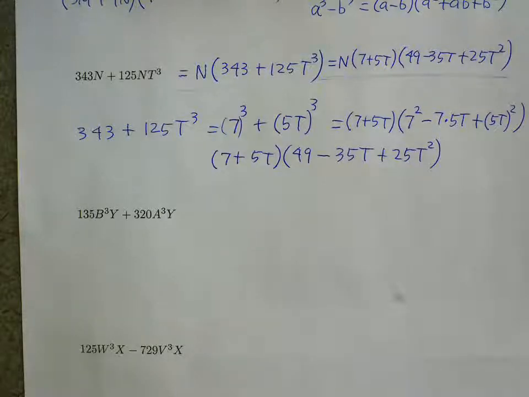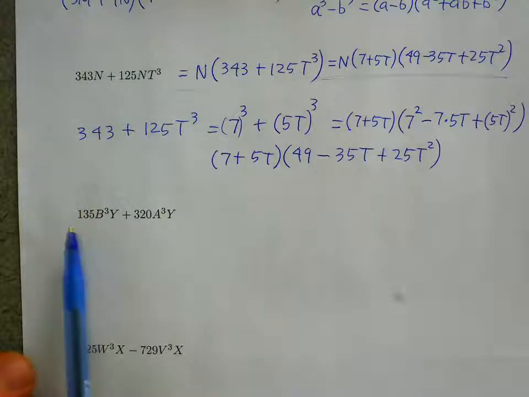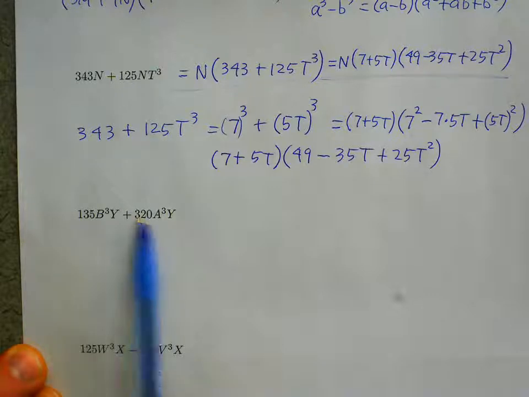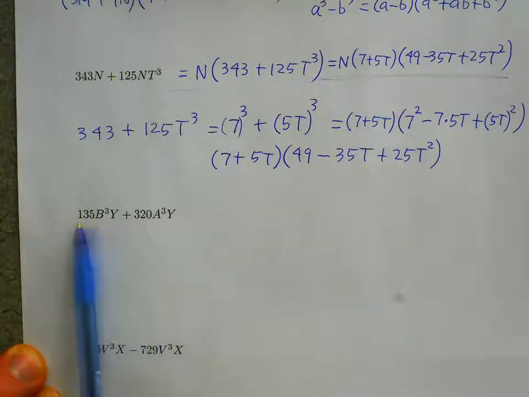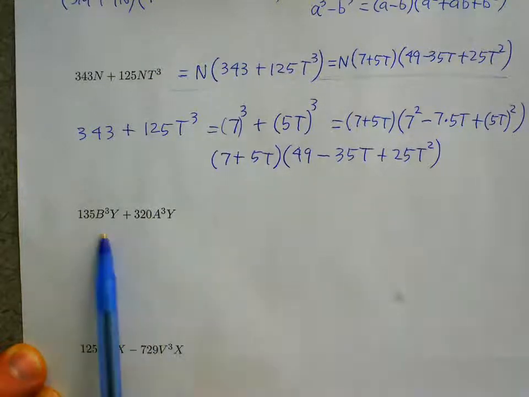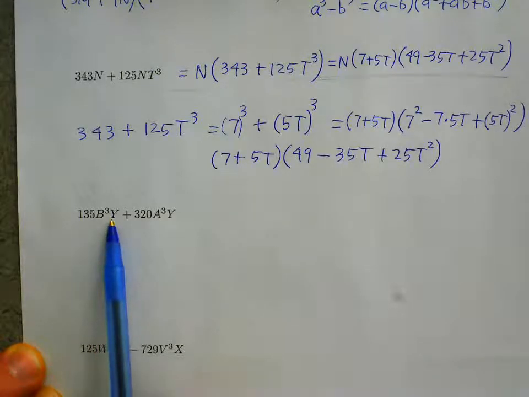And 27, the greatest common factor of 27 and 64 is 1. So for the numerical factors, 135 and 320, the greatest common factor is 5. Then we compare the variable parts. Each of the terms has one factor of y.